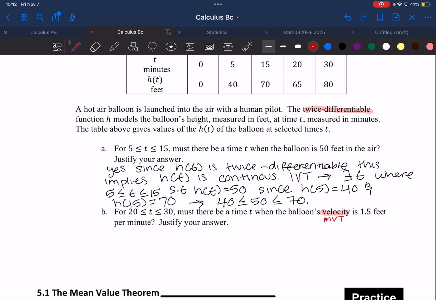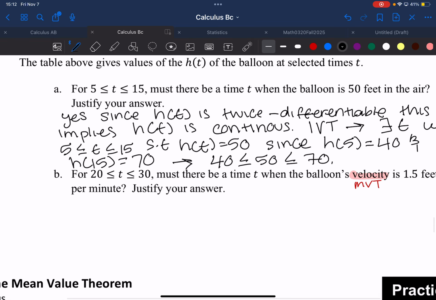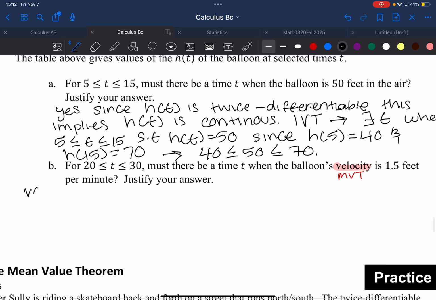Average rate of change. So we're going to use the formula that velocity is equal to h of b minus h of a over b minus a. And since we're looking at the interval from 20 to 30, then we know what our a and b values are going to be.